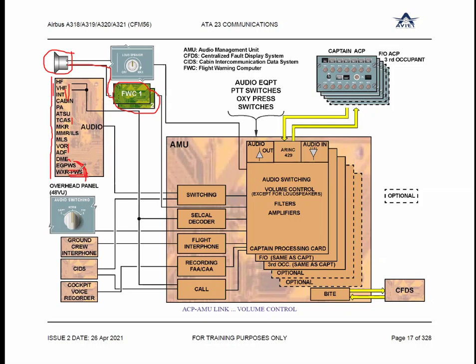This is the right example. EGPWS warning you are already getting, which is going through the loudspeaker, and now you got the predictive wind shear. So what happened? EGPWS will be suppressed by audio management unit, and predictive wind shear warning will be routed to the loudspeaker because it has got the priority. It is more serious. So that job is also performed by audio management unit. Clear?